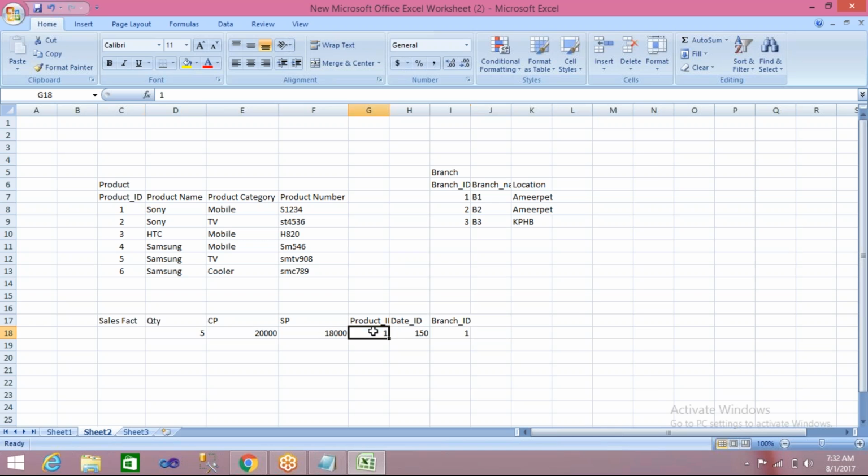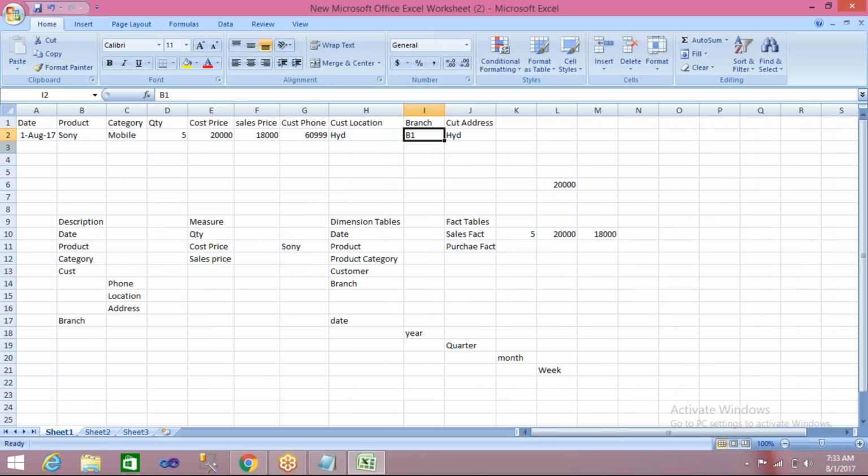Now this particular product ID will act as a primary key in the dimension table, and here it will come as a foreign key. That means for one product we may have many transactions. Say you went to one store and purchased a Sony Mobile; they will enter one record like this.